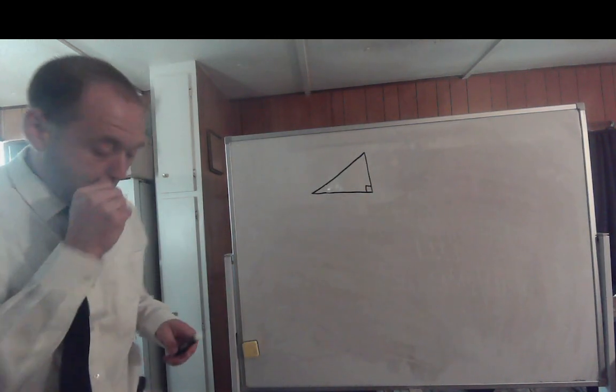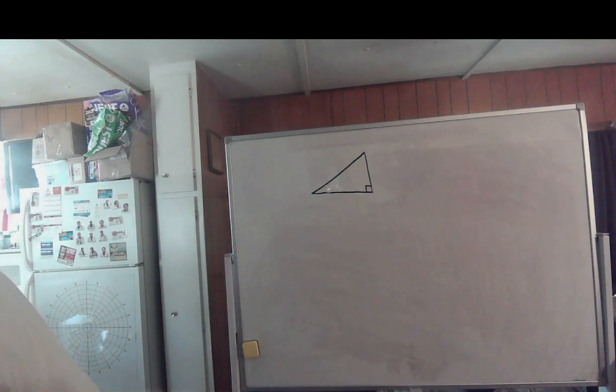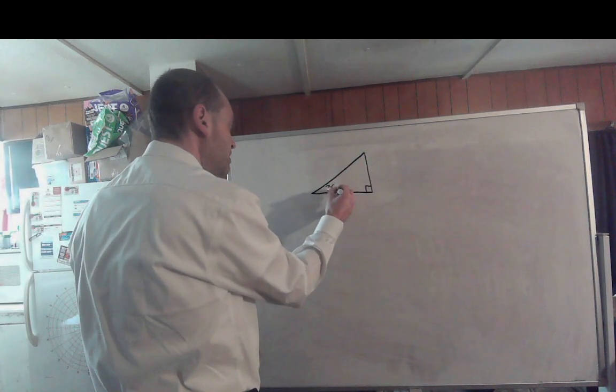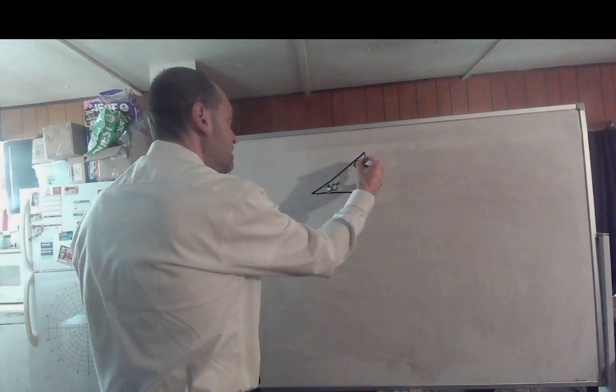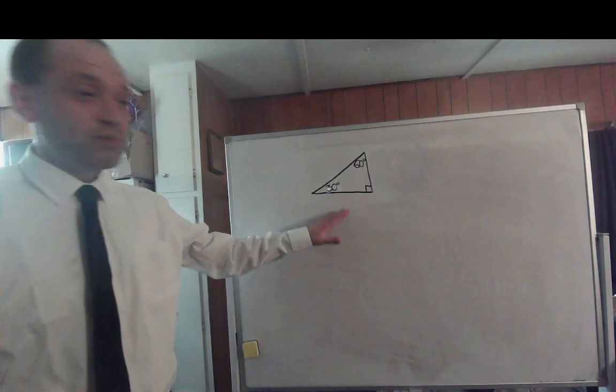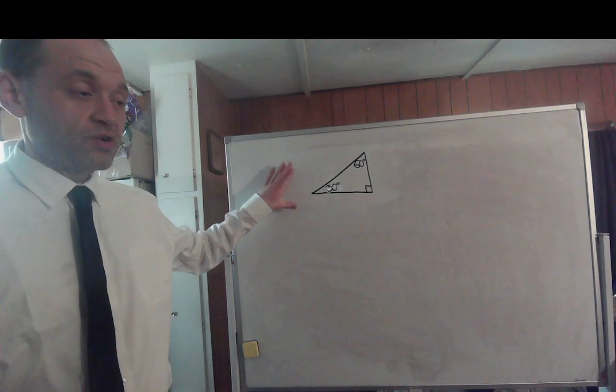So, what am I referring to here? I am talking about a 30, 60, 90 right triangle. We did touch base on this yesterday, but these are going to come up again.